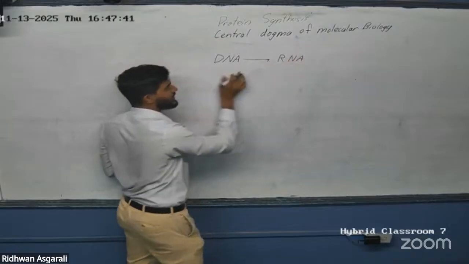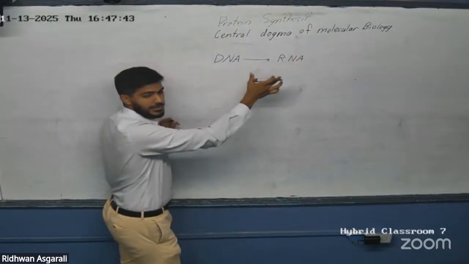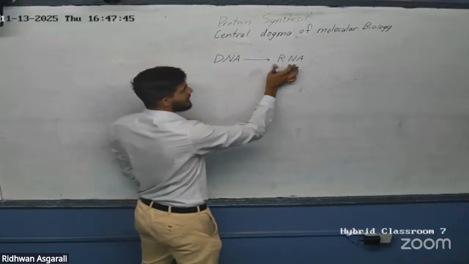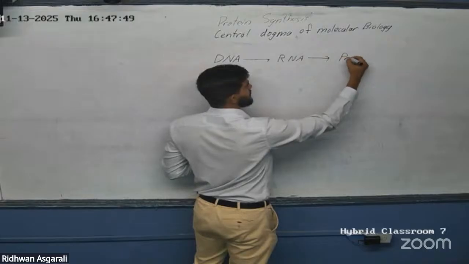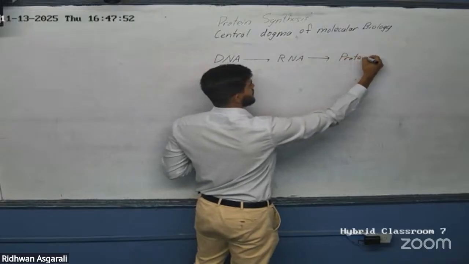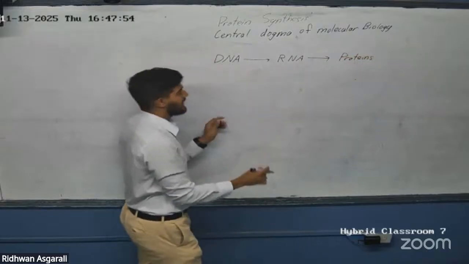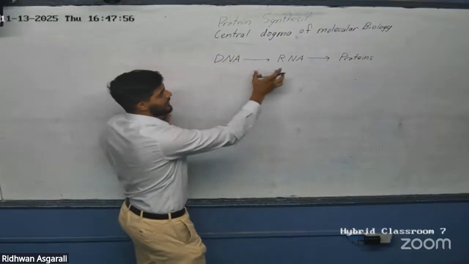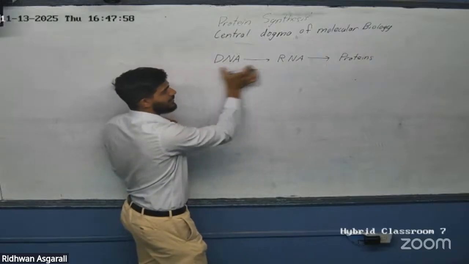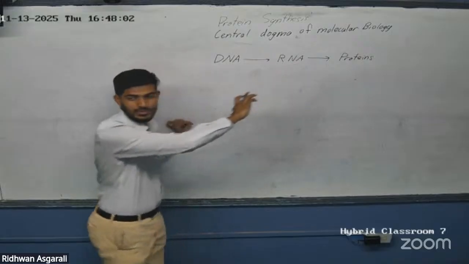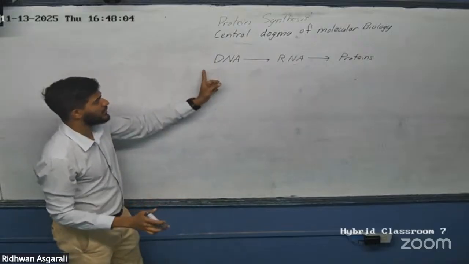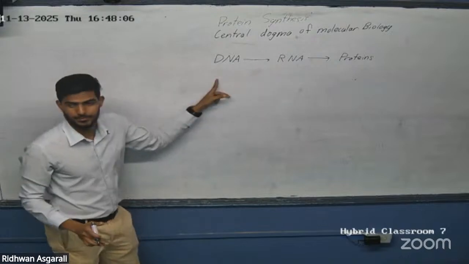Based on the DNA, that will be the RNA that you produce. The RNA is then used to produce proteins. Everybody has DNA. Your DNA is transcribed into RNA, and the RNA is translated into proteins. This is the central dogma of molecular biology.